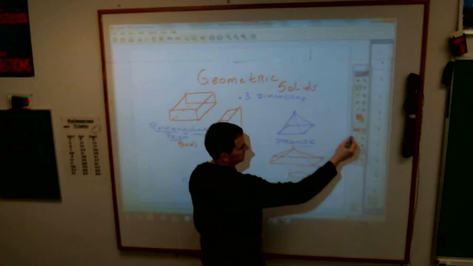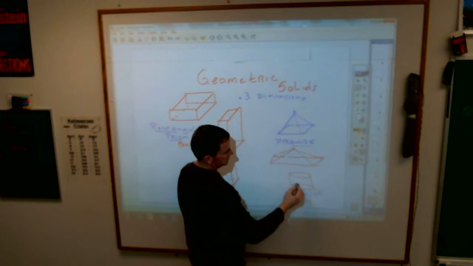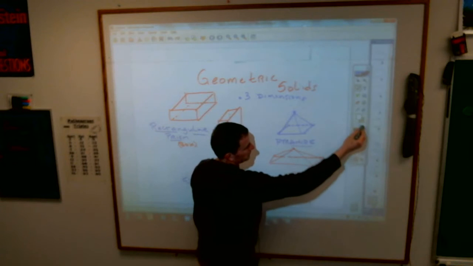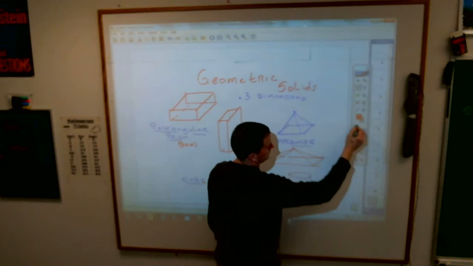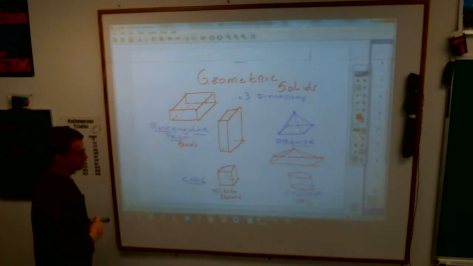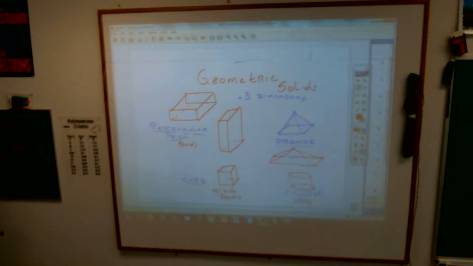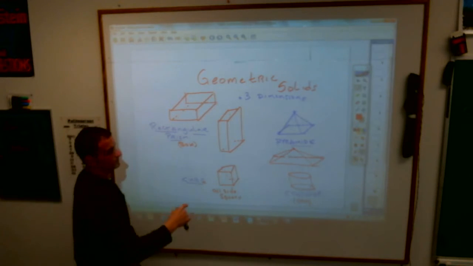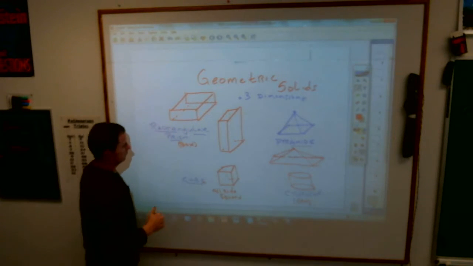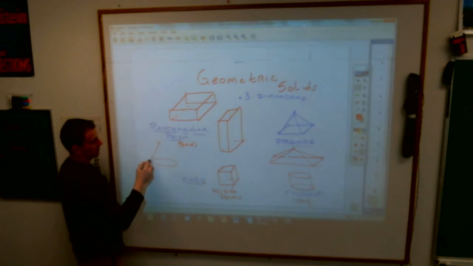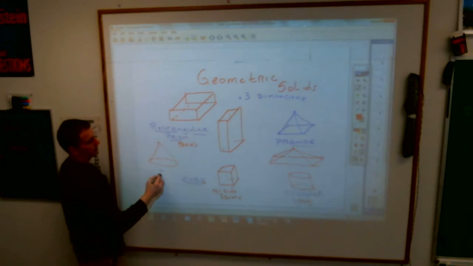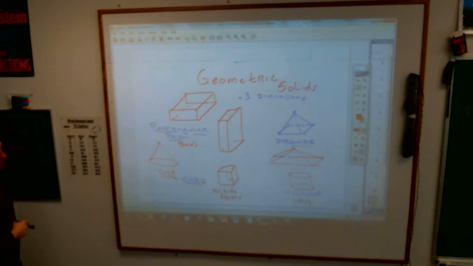You get a pretty decent looking little cylinder. And then if you take a cylinder and make it like a pyramid, put a little point up there instead of that oval, and connect those, there is where our lovely cone comes from.